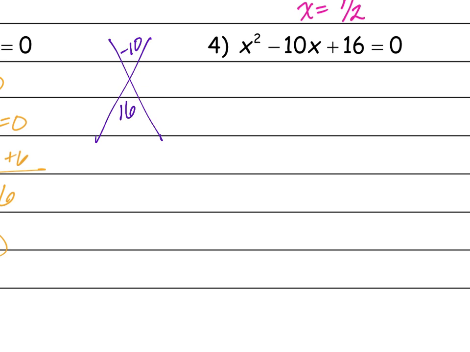What multiplies to be 16 adds to be -10. Oh, I know. I got it. I figured it out. You guys tell me what it is. What multiplies to be 16 adds to be -10.